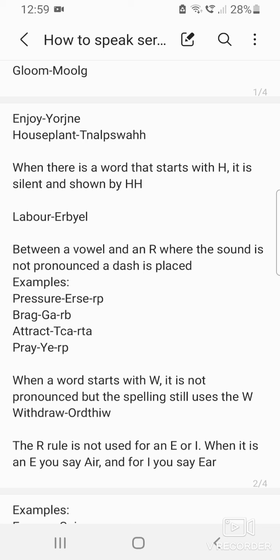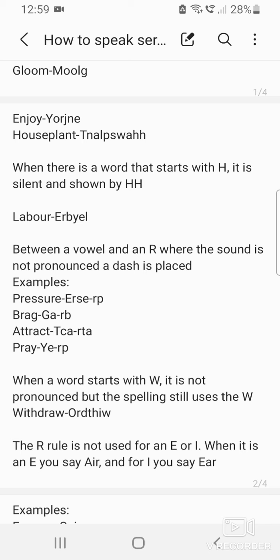If we do N-E-H, and if you try to pronounce the H, it's neh. It just sounds really awkward. I mean, you can sort of do it, it just will sound very awkward. But in the spelling, to show that the H is there, we put two H's at the end where it should be.